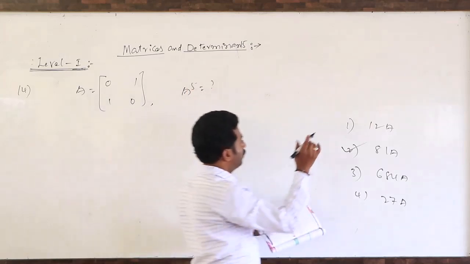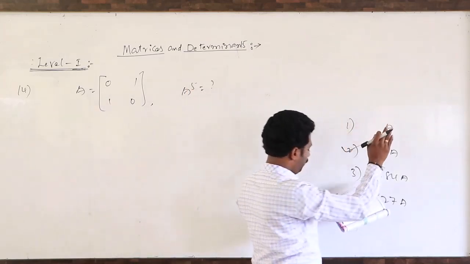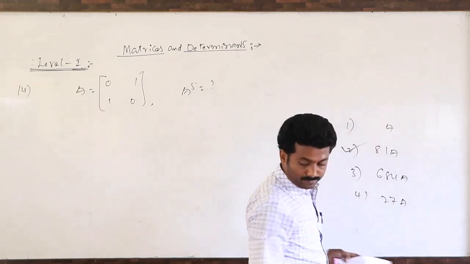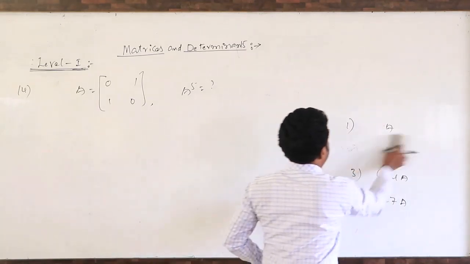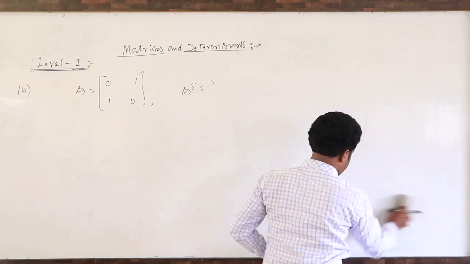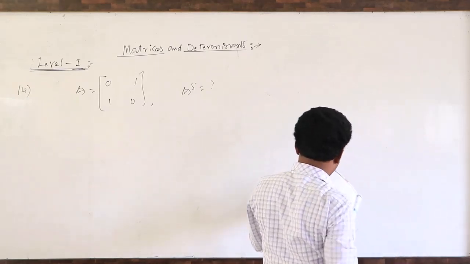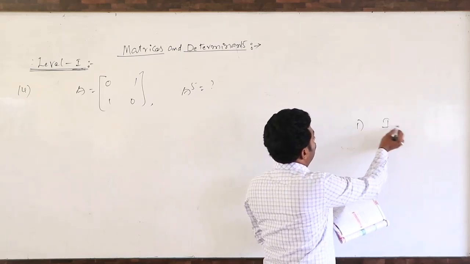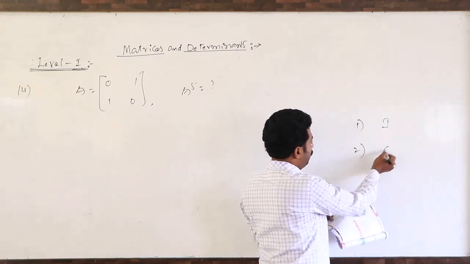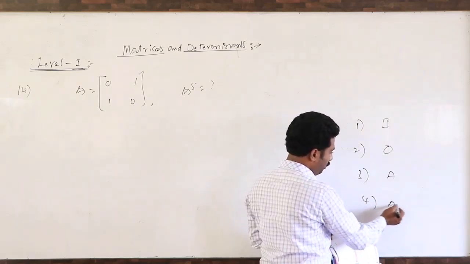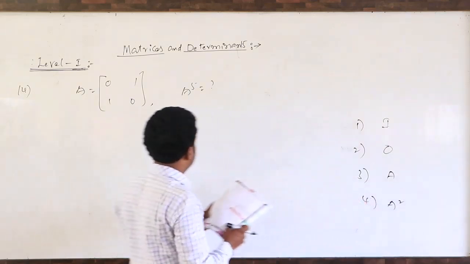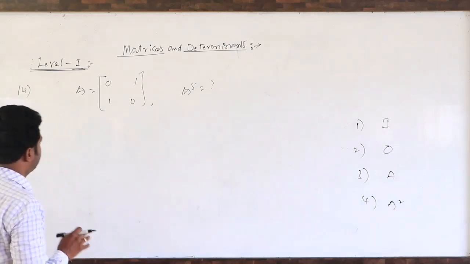So options you observe. First option identity matrix, second option null matrix, third option A only, fourth option A square. So which one is correct we have to guess.